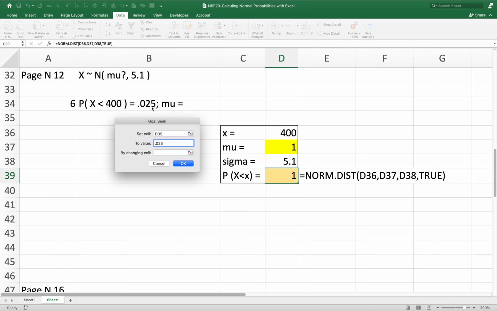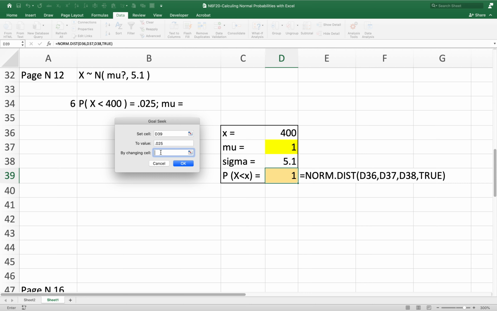So if we were saying 10% of the values are above something, we would have to put in 90% there as an answer. But this one says that 5 out of 200, or 2.5%, are less than the minimum 400. So we put in the probability. Remember, a NORM.DIST function gives as an answer a probability. And so we want the answer of the NORM.DIST function to be 0.025. So that's the to value, and you just type that in as a constant.